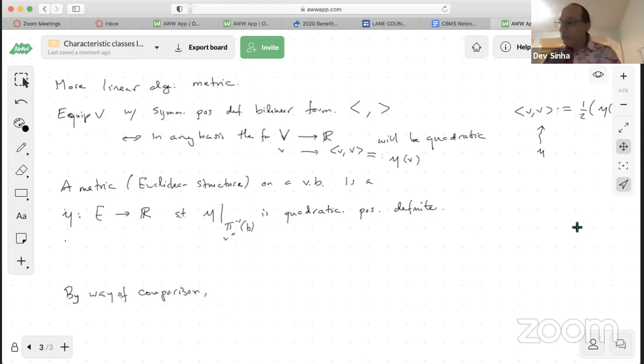Let's think about, so a metric is added structure, which we can think of as akin to a basis, which is also added structure.